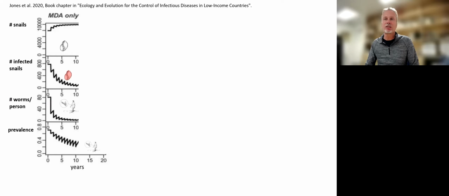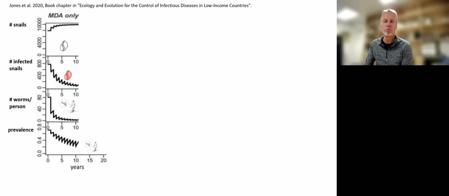There are additional considerations, of course. If we do only mass drug administration, if we treat only people with praziquantel and repeat this year after year for 10 years, we can show that we reduce the number of infected snails, but because the parasite is a castrator, by reducing the number of infected snails we actually increase the snail population, since more snails are reproducing when we have fewer parasites.